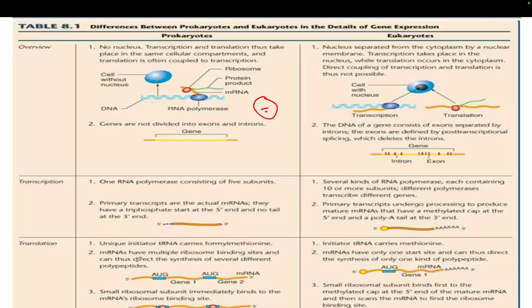Okay, because here, the first thing at the translation level, if you see, the formyl methionine is coming in case of prokaryote, but here it is the normal methionine.